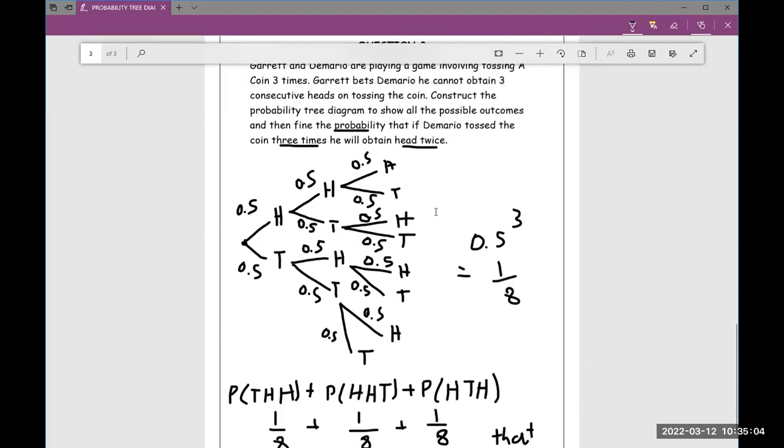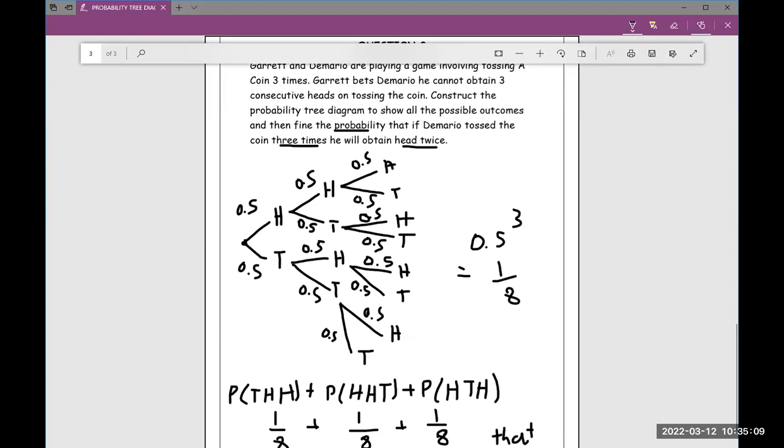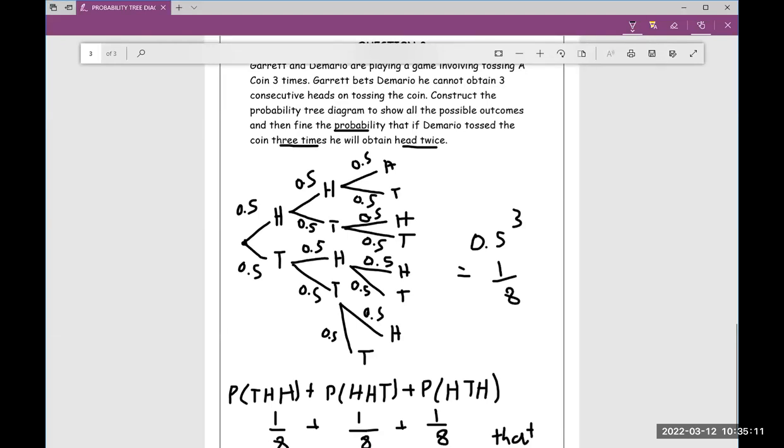So how did you find tree diagram now? This one is easy. Nice. I like that. Good.